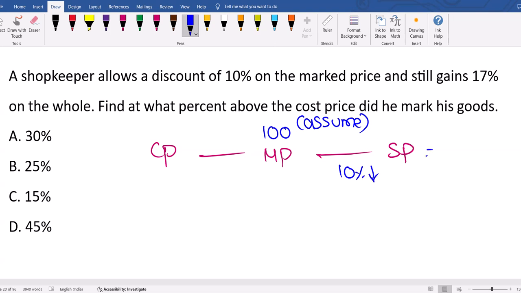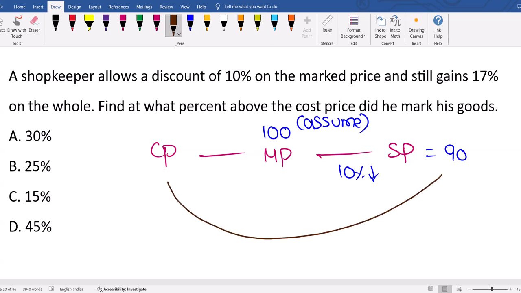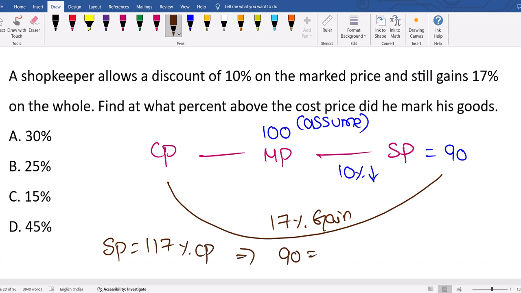10% discount means selling price will be 90, but still with 90 rupees the candidate got a 17% gain on the whole. That means selling price is 117% of cost price. Selling price is 90, which is 117 divided by 100 into cost price.